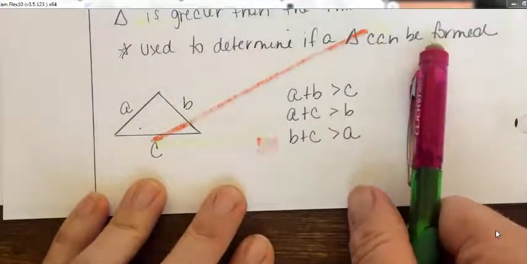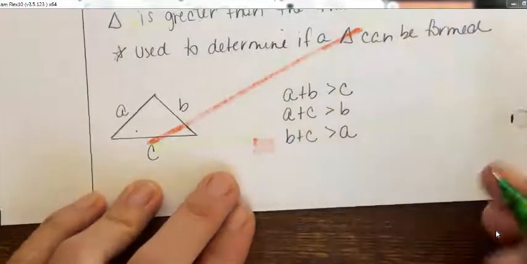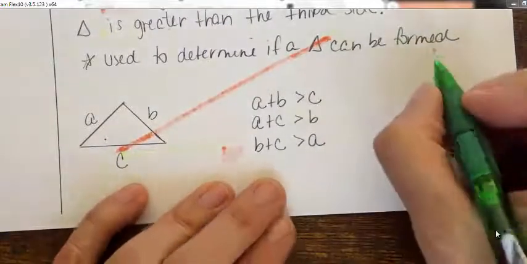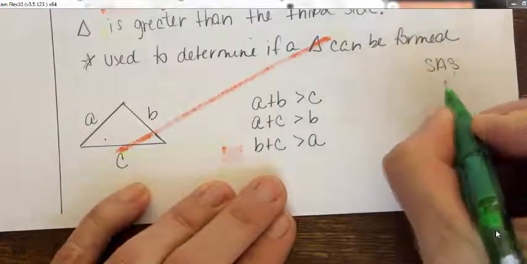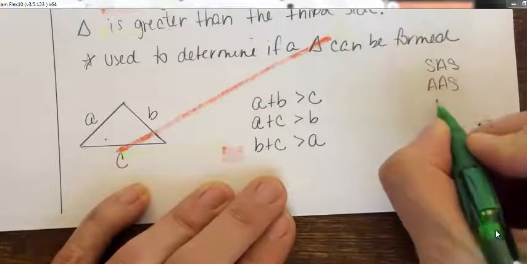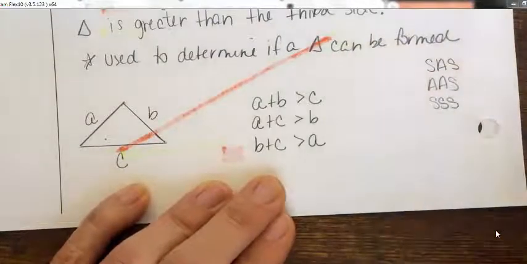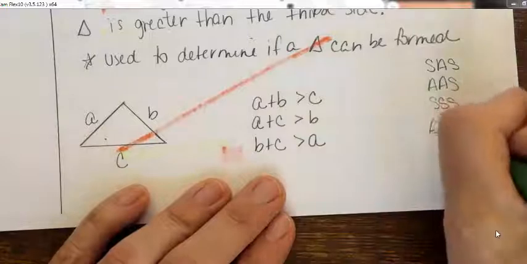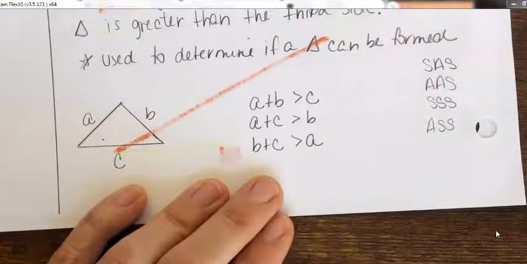And I don't know if you guys remember, but when we did different triangle congruence theorems, such as side angle side, or angle angle side, or side side side, there was one that we said would not be an indicator to tell if two triangles are congruent. And that one was angle side side.